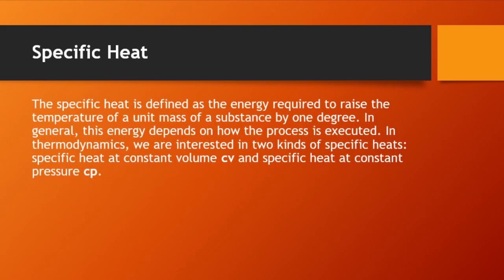Specific heat is defined as the energy required to raise the temperature of a unit mass of a substance by 1 degree. In general, this energy depends on how the process is executed. In thermodynamics, we are interested in two kinds of specific heat, which is the specific heat at constant volume, CV, and specific heat at constant pressure, denoted as CP.